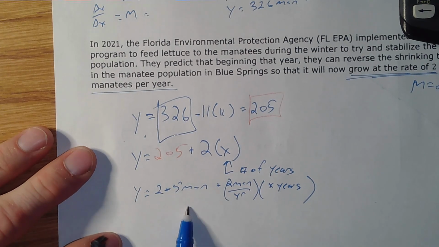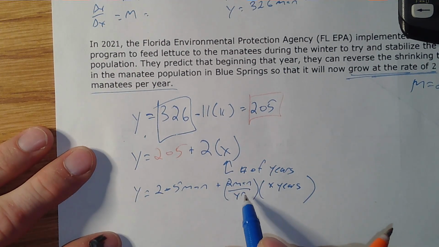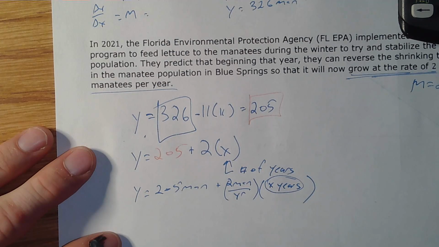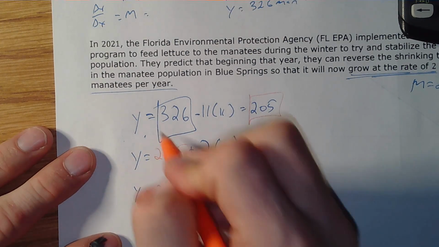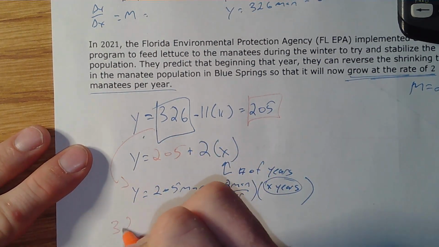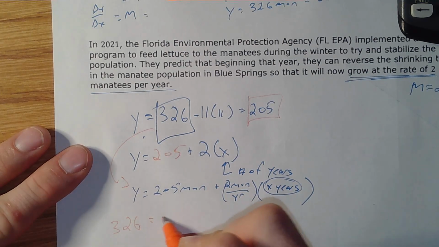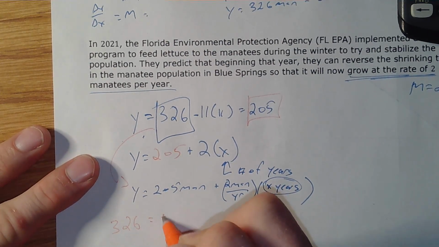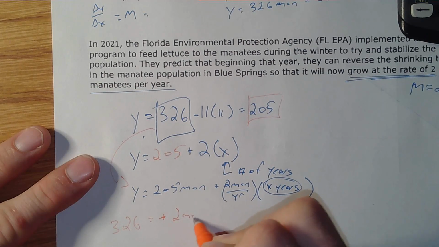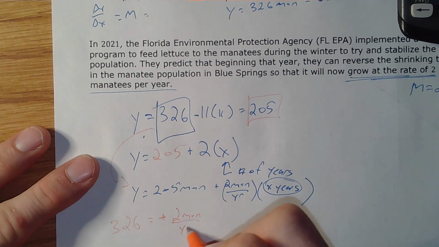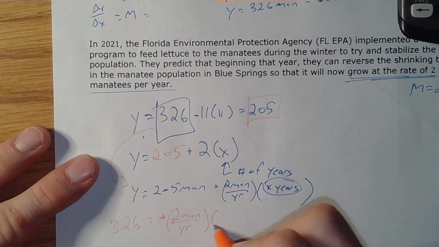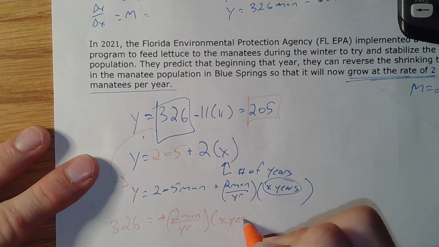Right, so I'm solving for years here. Okay, and I know y is now going to be 326 equals positive 2 manatees per year times x years.